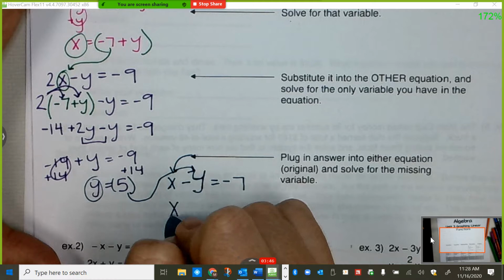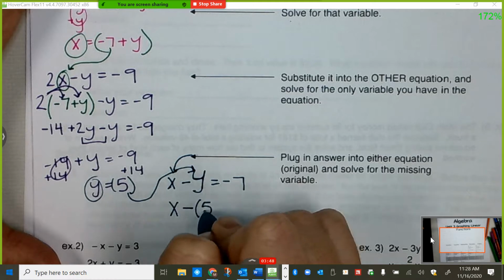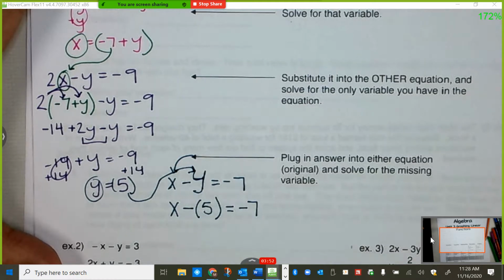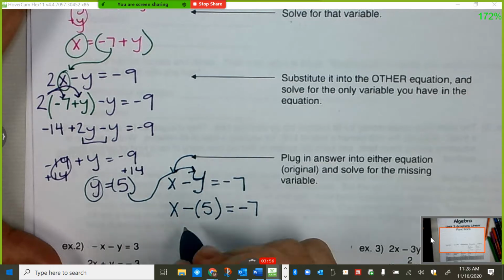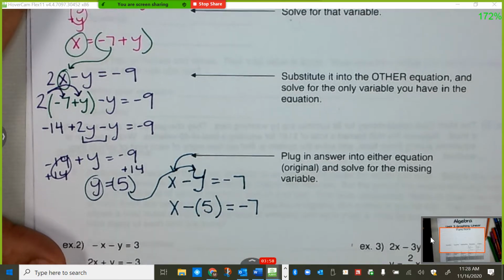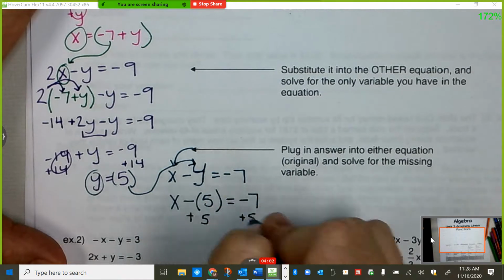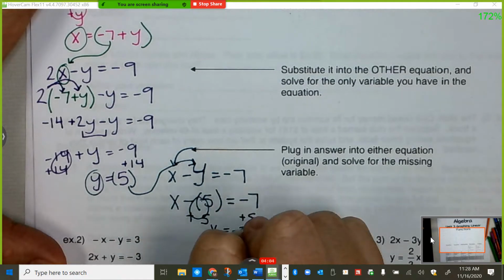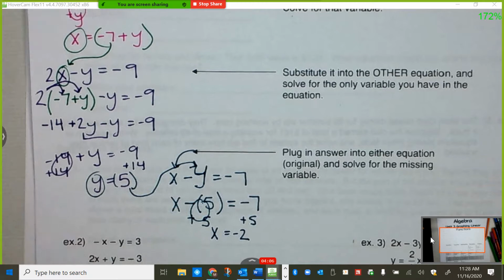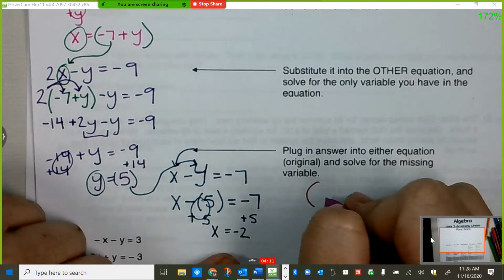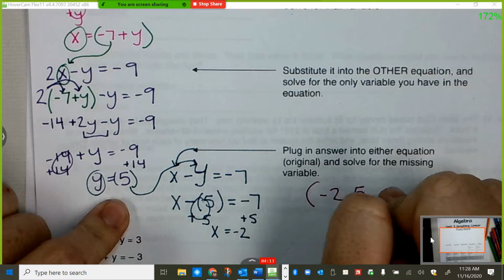So x minus 5 equals negative 7. Well, how do I solve this for x? Add 5 to both sides, and I get x equals negative 2. So my final solution is x comma y, so negative 2 comma 5.